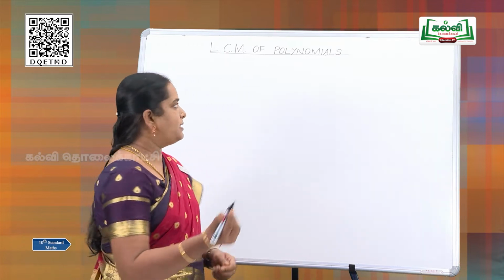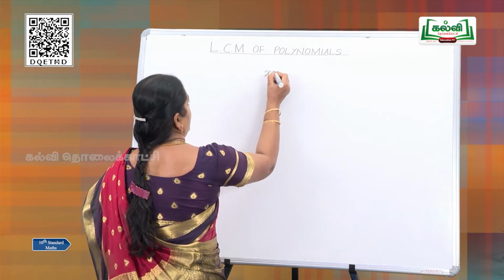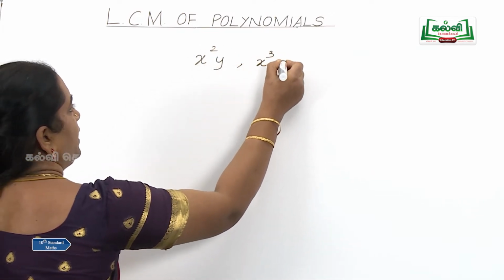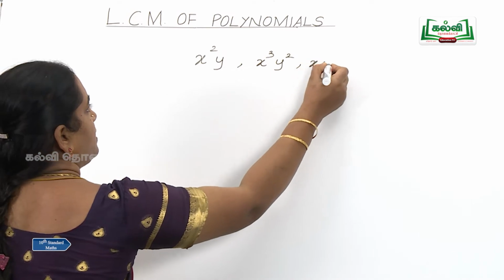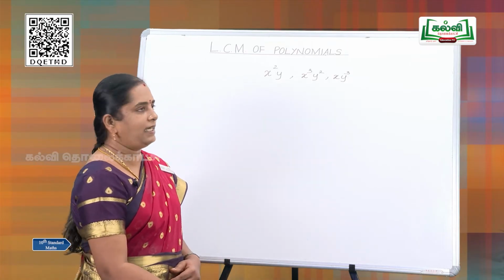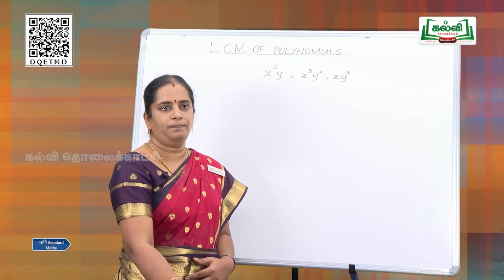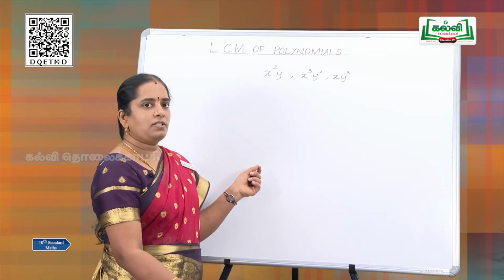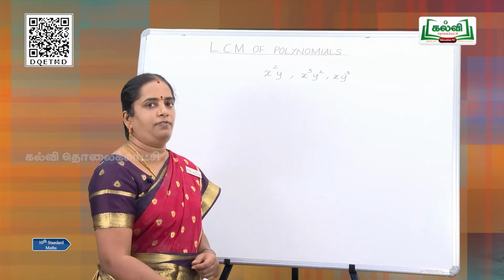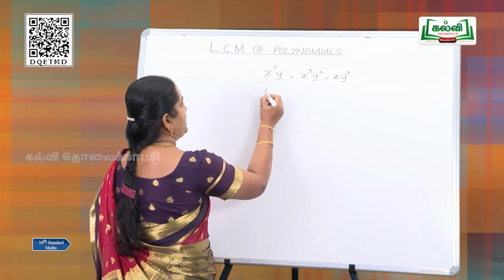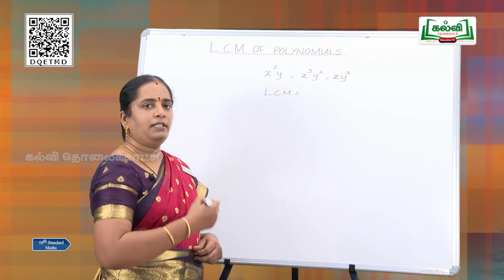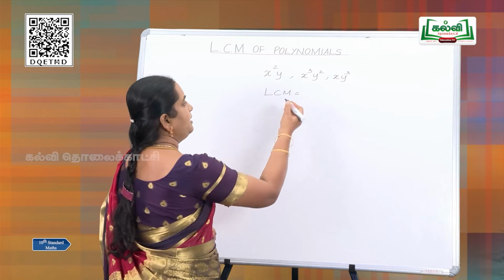Let us say x square y, x cube y square, x y cube. We have taken three expressions, that is three monomials. They are already in the factorized form. So we have to find the LCM by taking the factors and their highest power in these expressions.